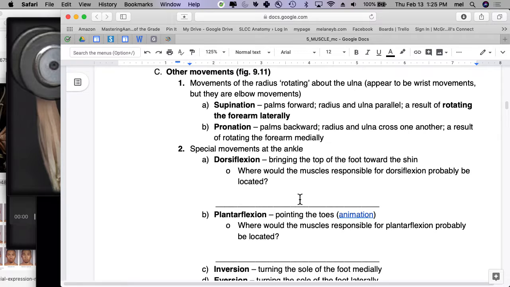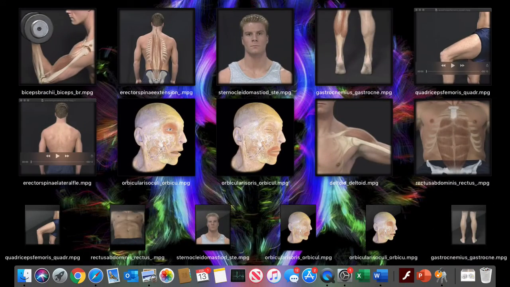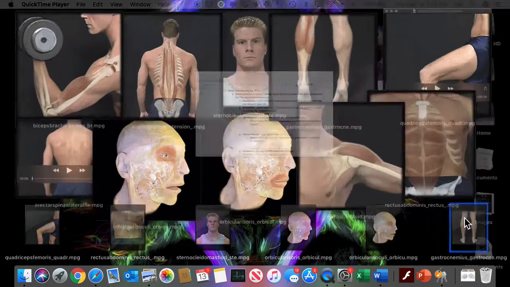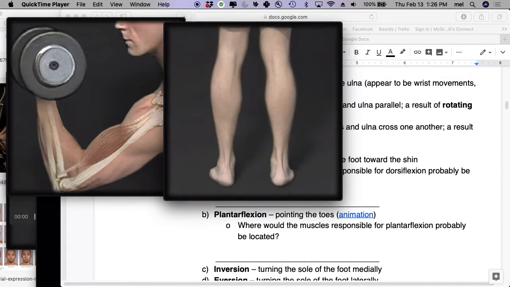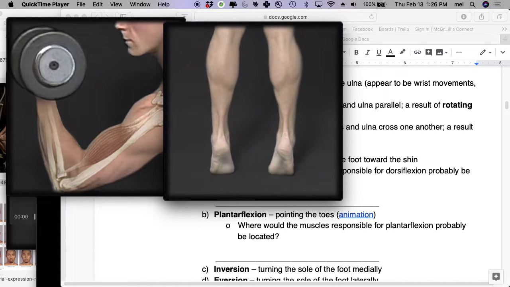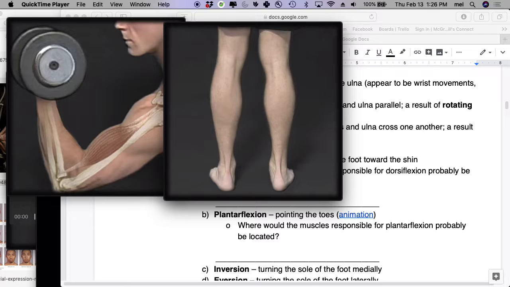Okay, so now let me show you this animation without falling off the table or knocking the table over. So, plantar flexion. Here's plantar flexion. Do you know the name of that muscle yet? You might already. Gastrocnemius, yeah.